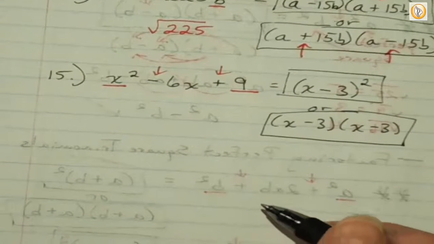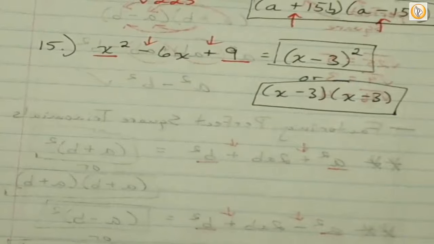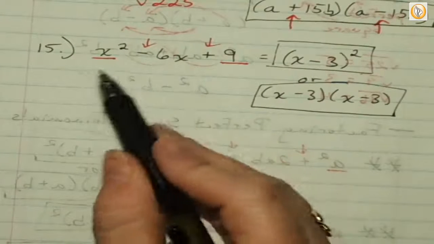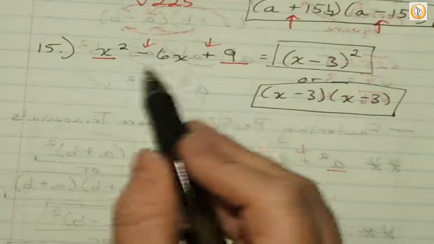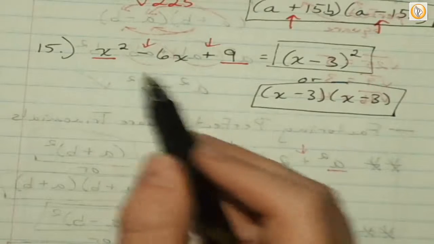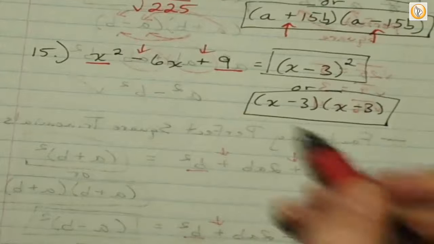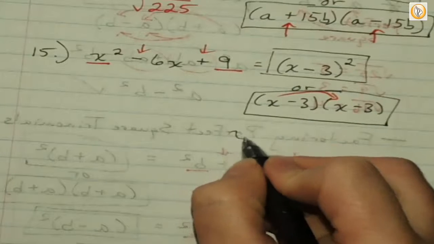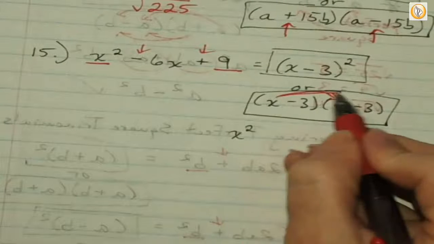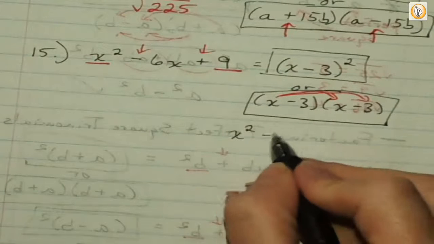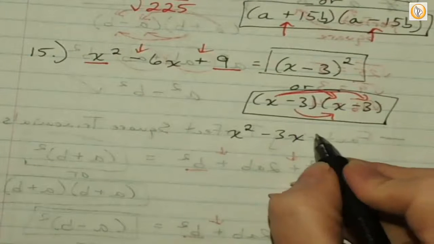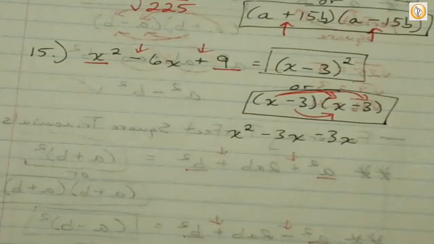Whit? Where did she get the 6 from? That's the problem. Okay, so let's do FOIL. What is x times x? X squared. X times negative 3, negative 3x. Negative 3 times x, negative 3x. What's negative 3 times negative 3?